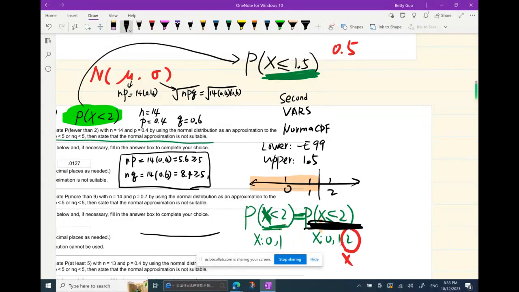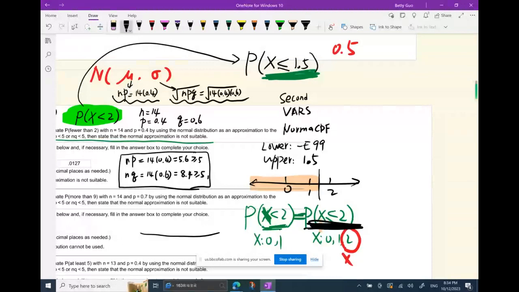And then the mu is gonna be right here, and then your sigma is gonna be right here, and you paste. So let me repeat. Turn on your calculator. Go to second vars. In the distribution list, select normal CDF.